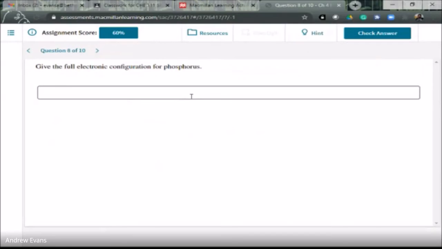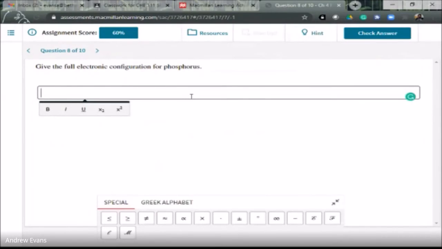So phosphorus. How are you going to write this for phosphorus? Phosphorus is the third element into row 3. Since it's the full configuration, you have to write all of them. So I'm going to work my way across. Starting with row 1, I'm going to write 1s superscript 2.